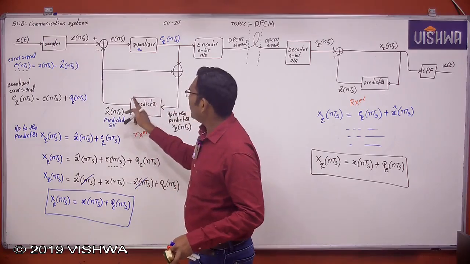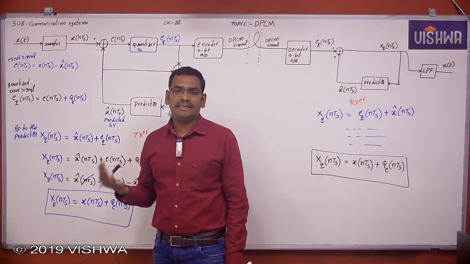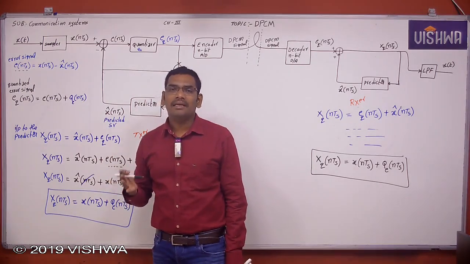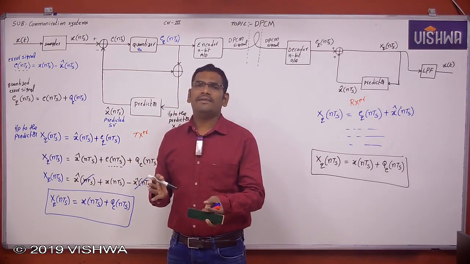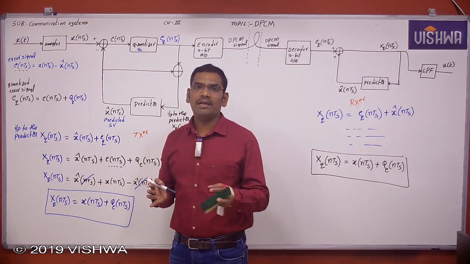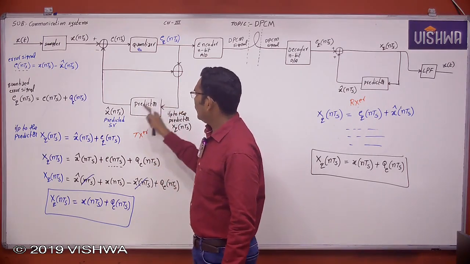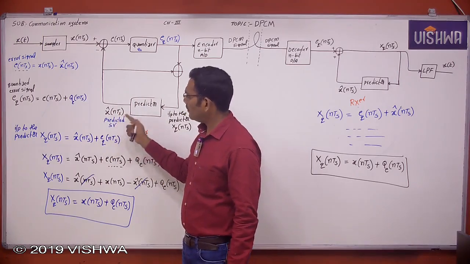Here I'll take a predictor, which gives the predicted samples. For your convenience, you can take this predicted sample as just a delay of TS seconds. The original sample with a delay of TS seconds is the predicted sample, or let us assume the previous sample. X cap of NTS is the predicted sample, or previous sample.